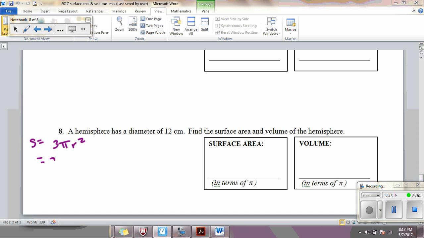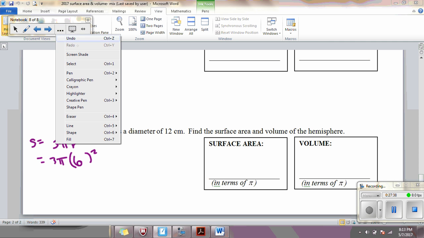So that means 3 times pi times 6 squared. Since the diameter is 12, the radius has to be 6.